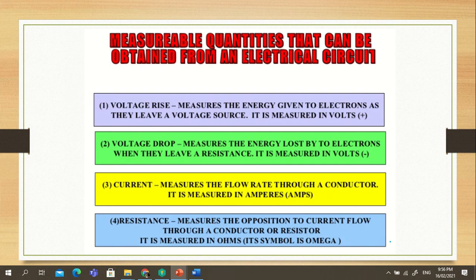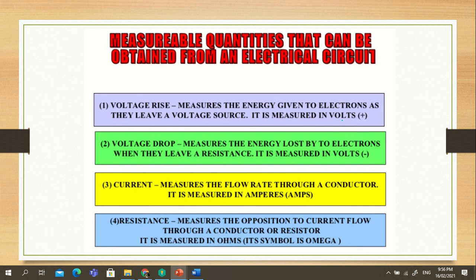So measurable quantities that can be obtained from an electrical circuit. No? Measurable quantities. So what are those quantities that can be obtained from an electrical circuit? One is the voltage rise. It measures the energy given to electrons as they leave a voltage source.